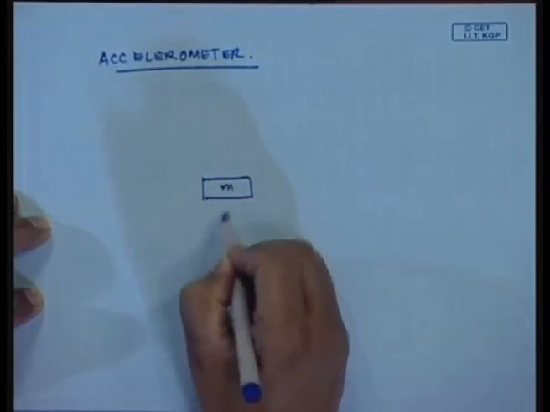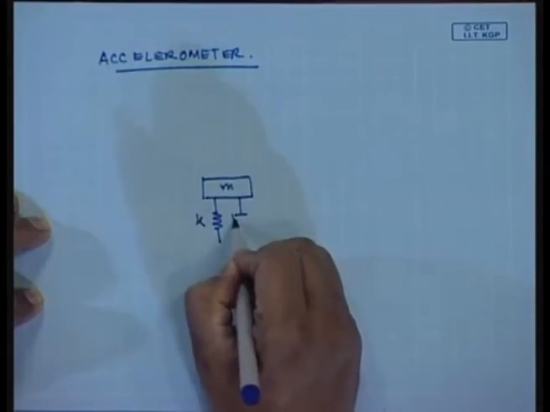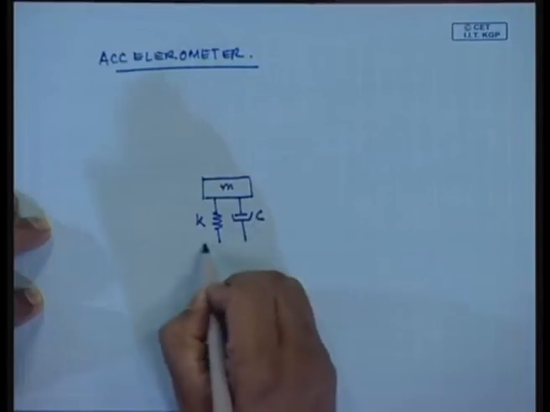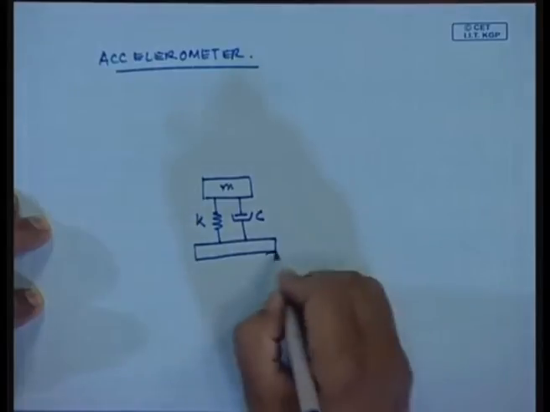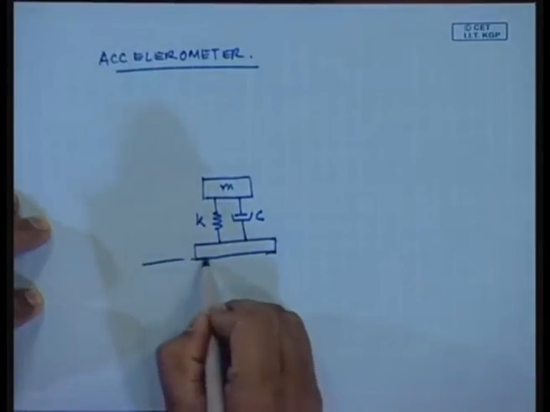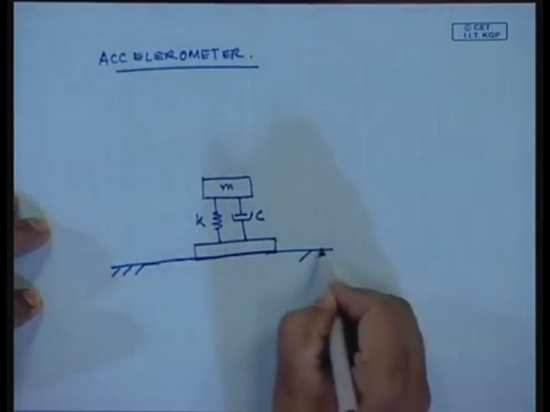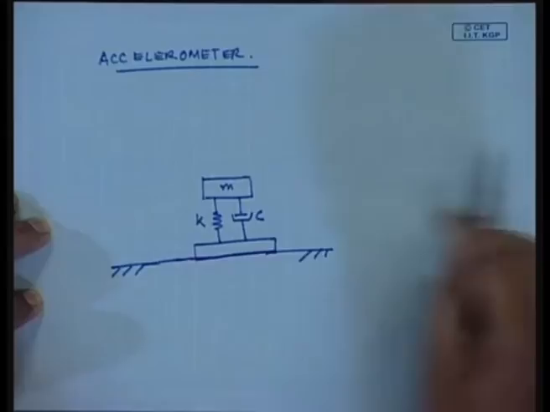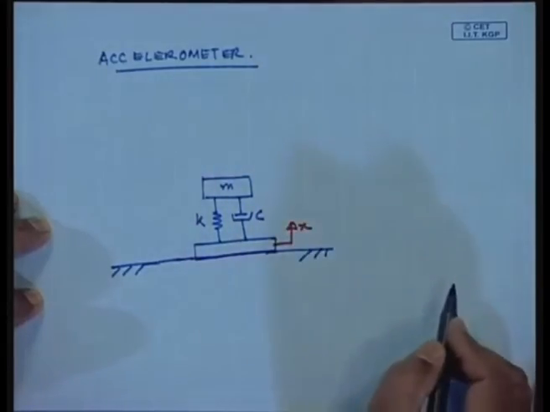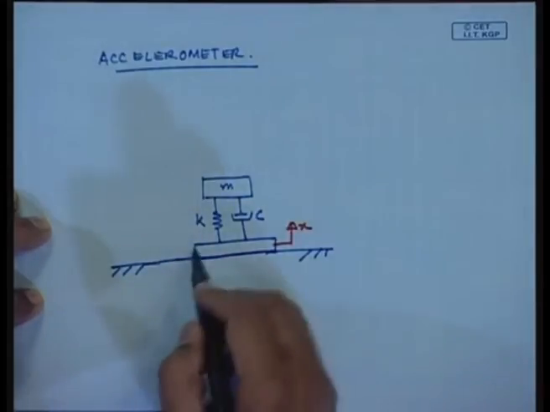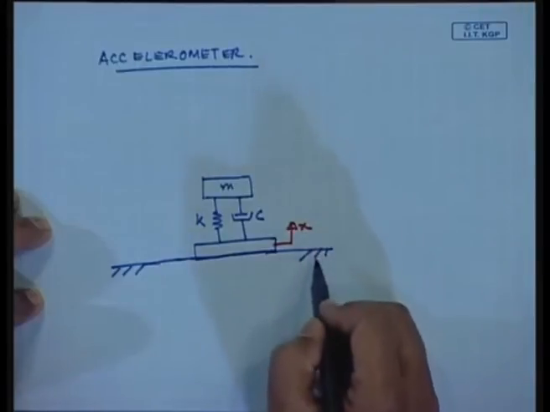I have a mass here. Essentially, this is put on a structure which is having a motion x. So, onto this I put a unit like this, and I would like to measure the motion x.